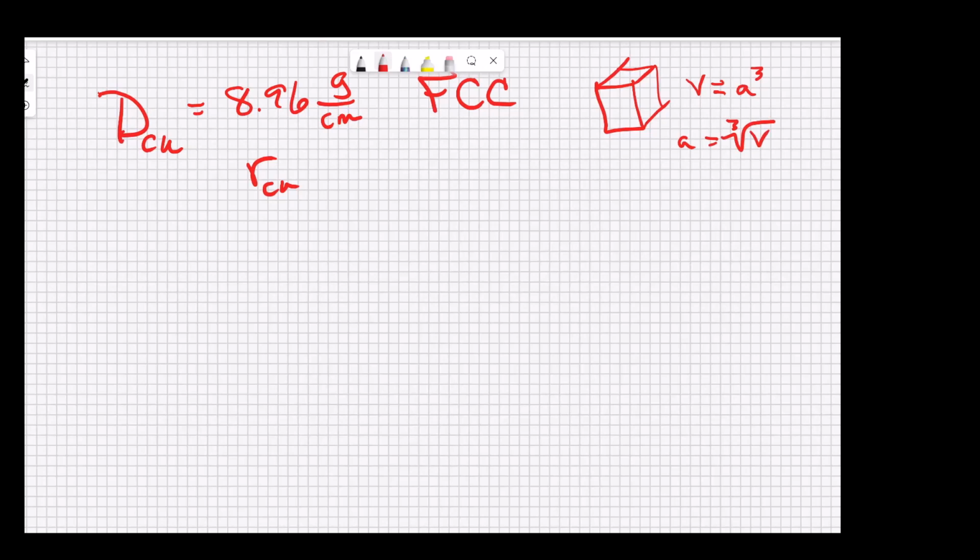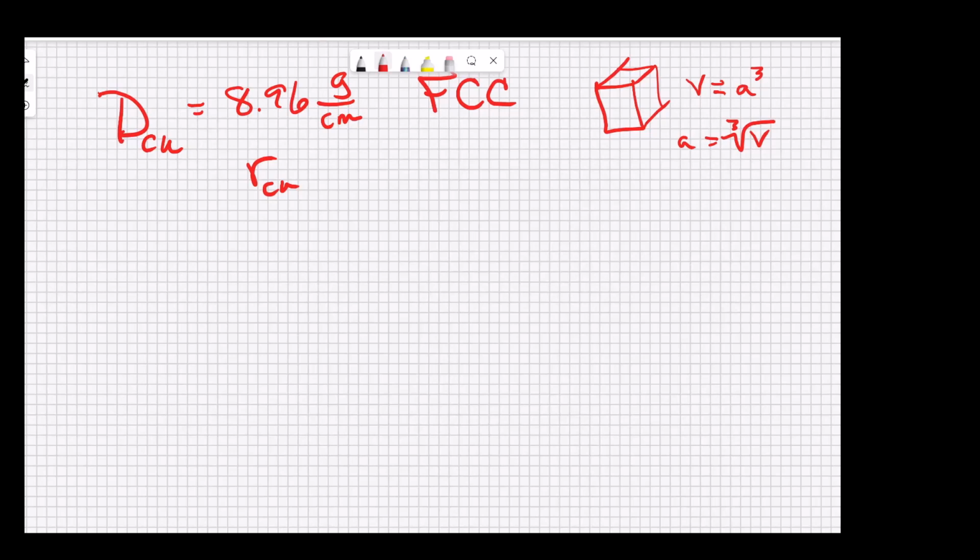And A can be related to the radius, right? So if we can find the volume of the cube, then perhaps we can find the lattice cell parameter A. And if we know what type of cubic cell it is, maybe then we can relate it to the radius and get the radius from that, right?